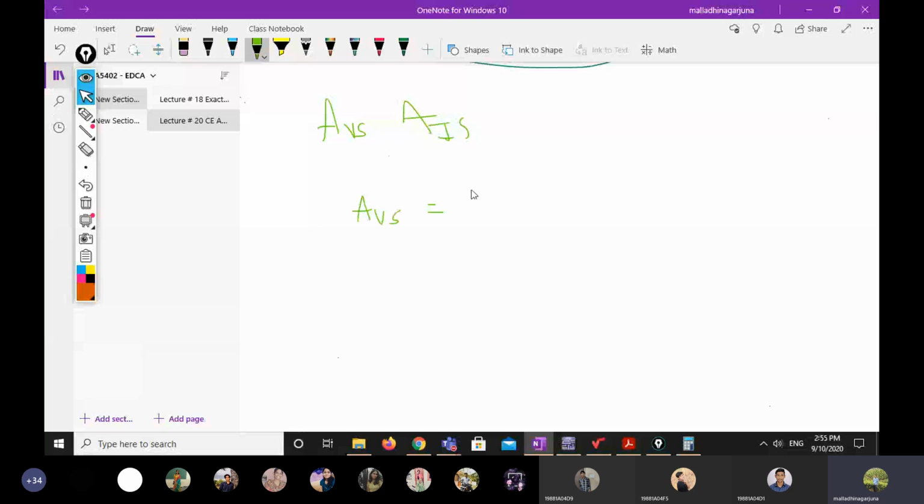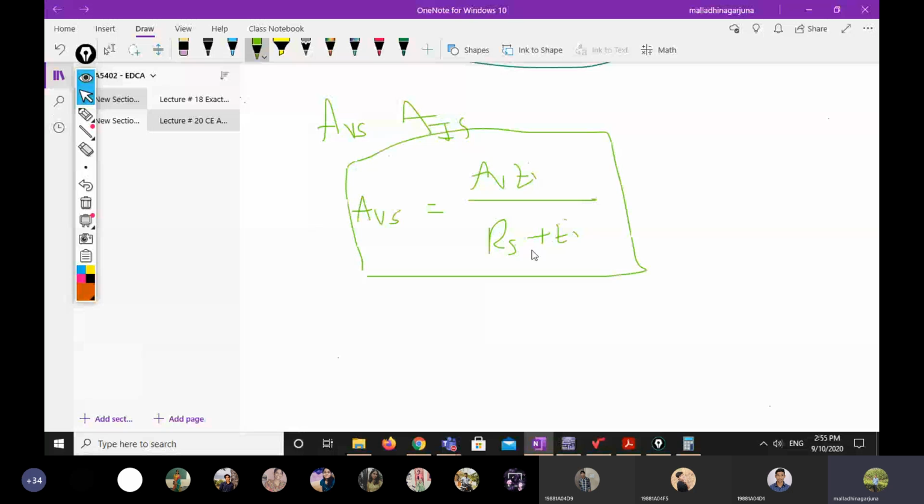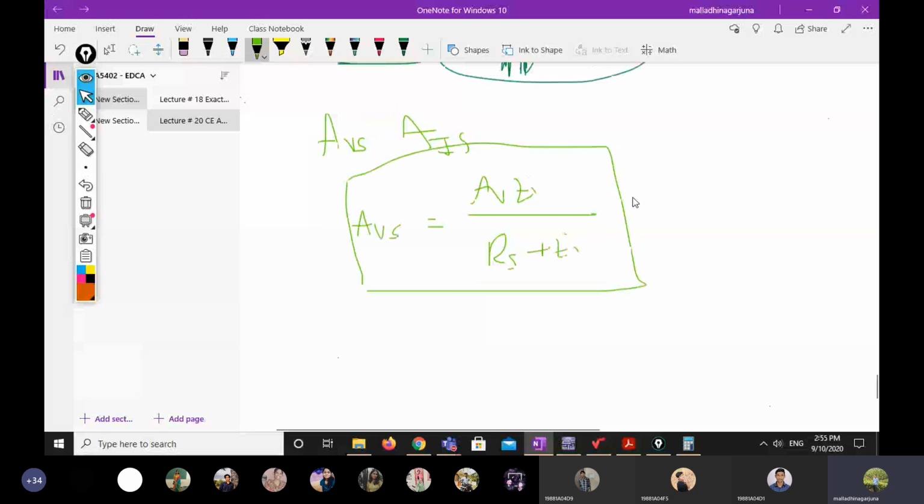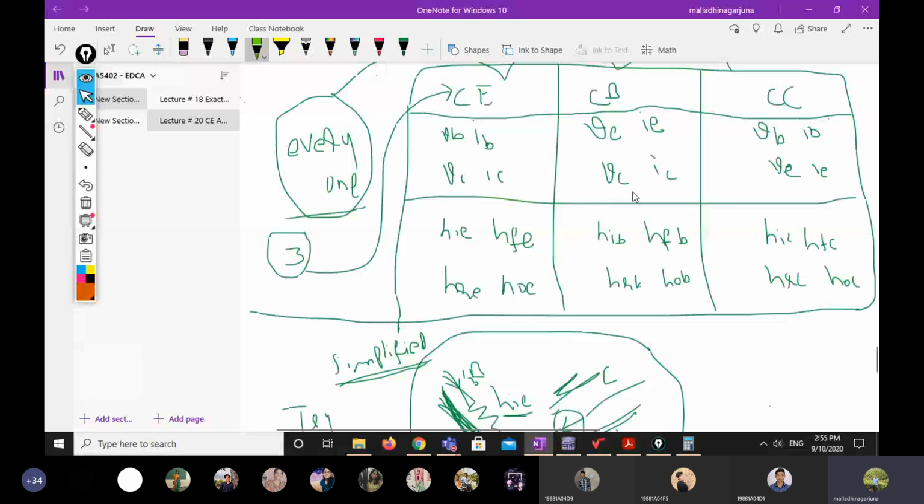AVS equals AV into ZI divided by RS plus ZI. But in the derivation part, we didn't take R1 and R2. Yes or no? So if I show you.